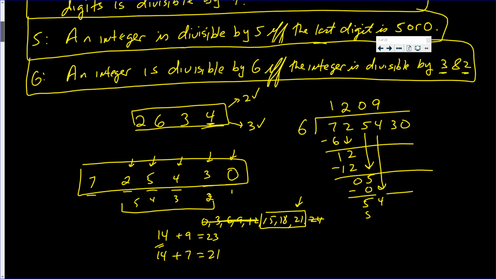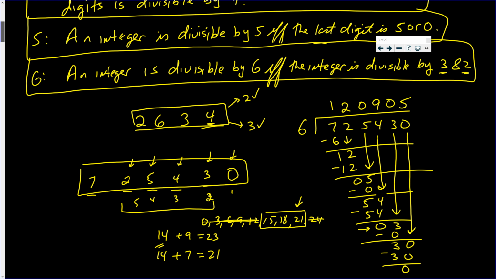Goes in 9 times. That's 0. Bring down the 3. 6 does go into 3 exactly 0 times. Subtract, you get 3. Bring down the 0. And 6 goes into 30 exactly 5 times.